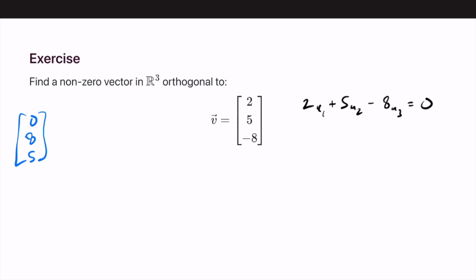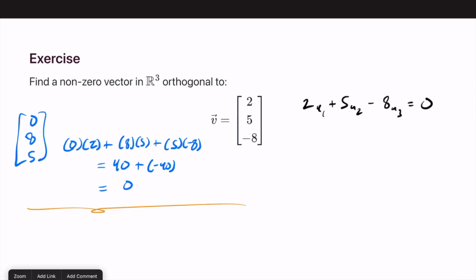So in this case, this would be 0 times 2 plus 8 times 5 plus 5 times -8, which of course is just 40 plus -40, which is equal to 0.